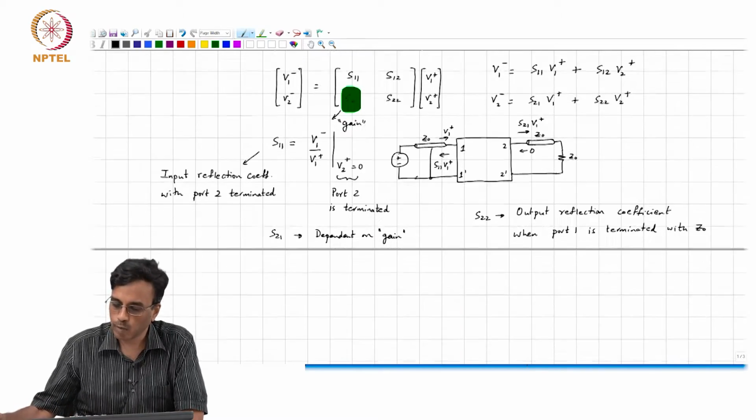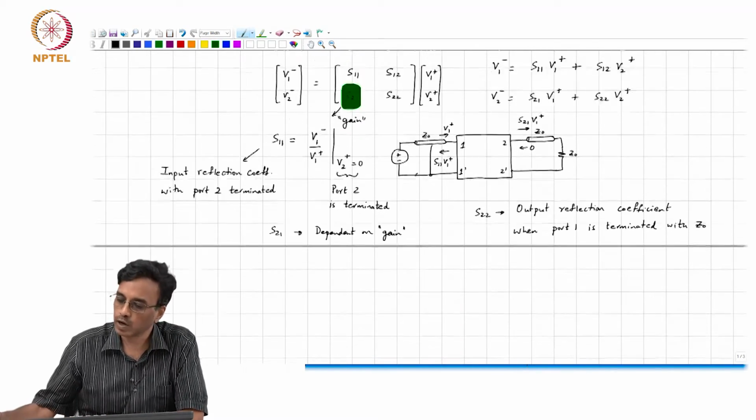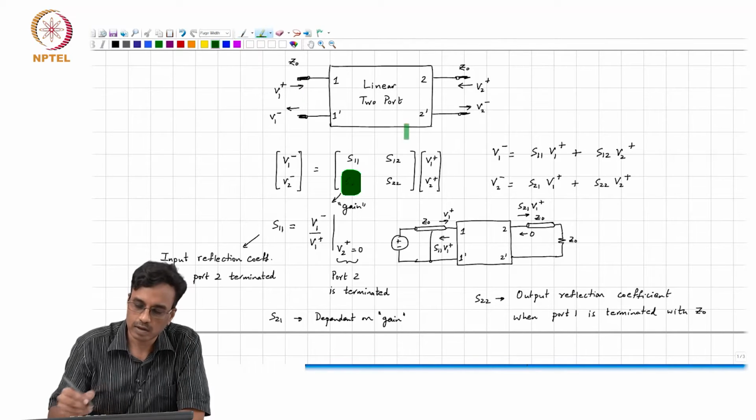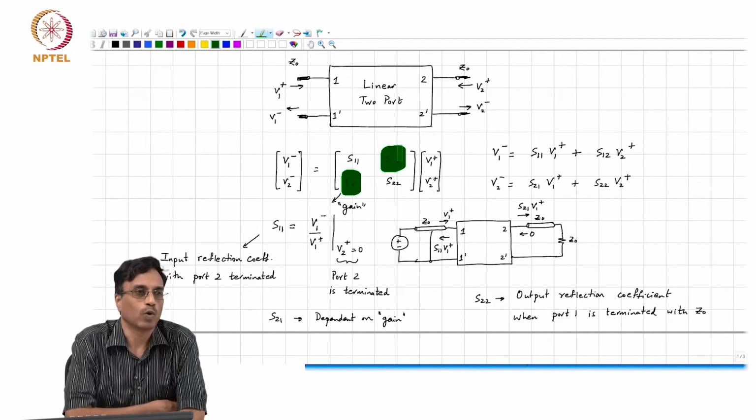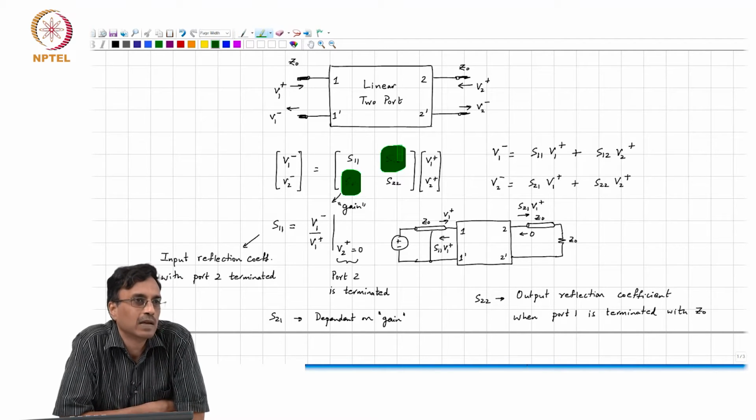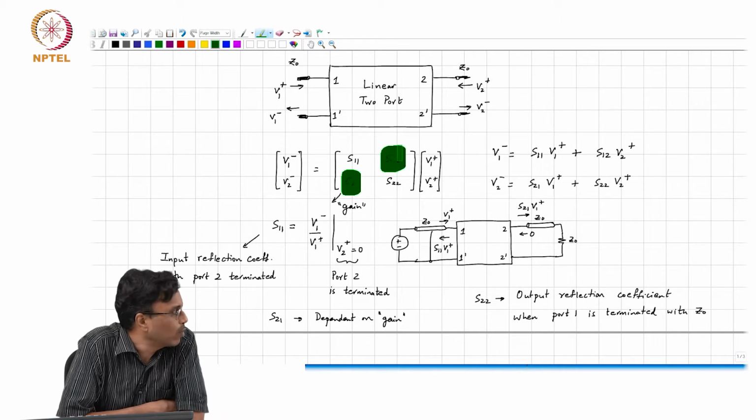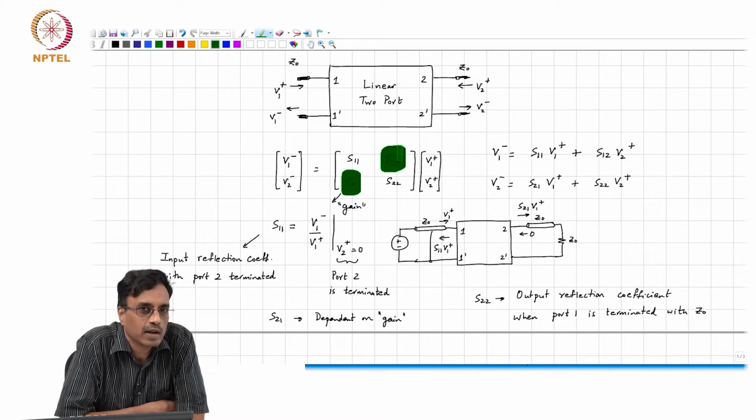And what comment can you make about S12? What does that quantify? Just like Y12, what does Y12 quantify? It quantifies the effect of an excitation at port 2 on the response at port 1.